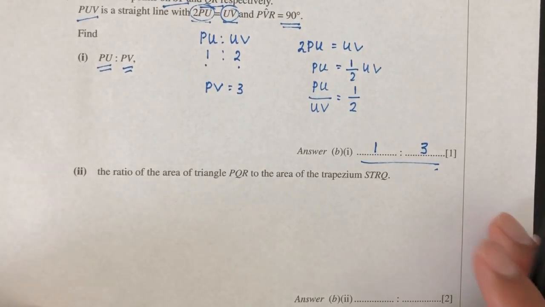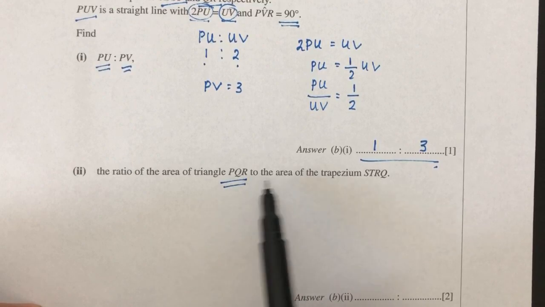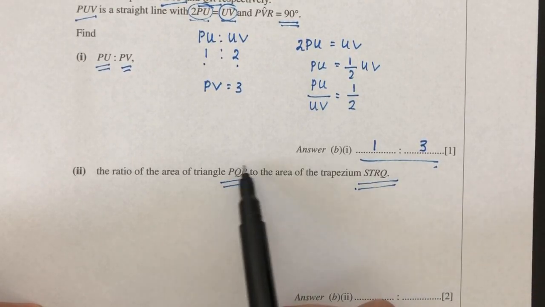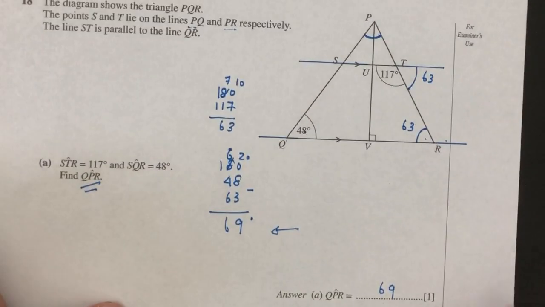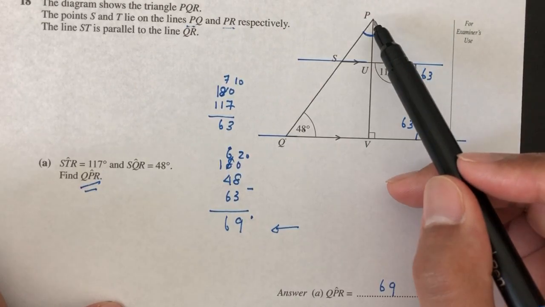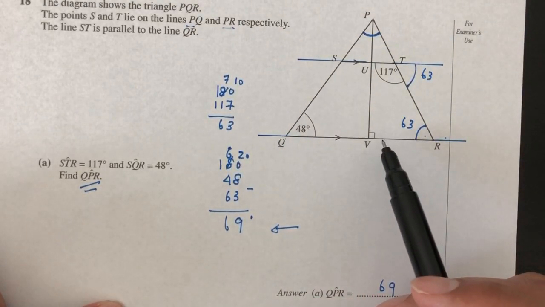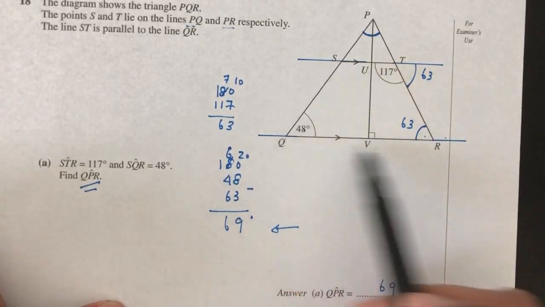So now for part 2, the ratio of the area. Find the ratio of the area of triangle PQR to the area of trapezium STRQ. So where's PQR and where is STRQ? PQR is the big one, and STRQ is this one.